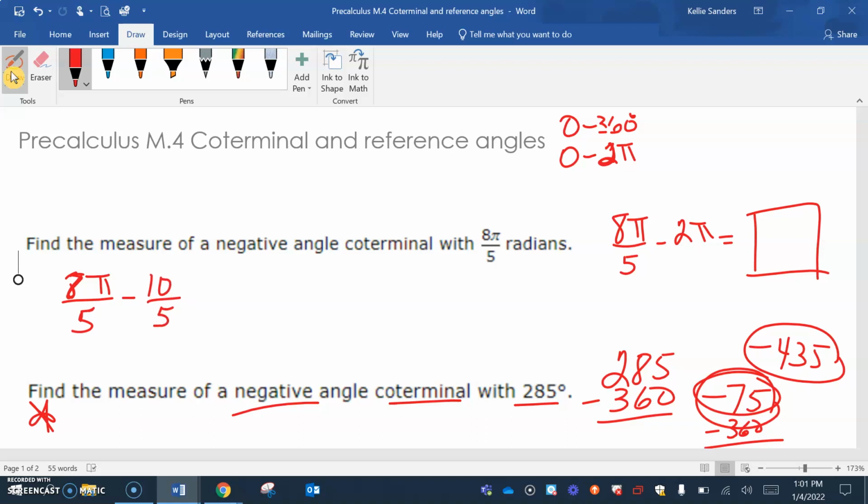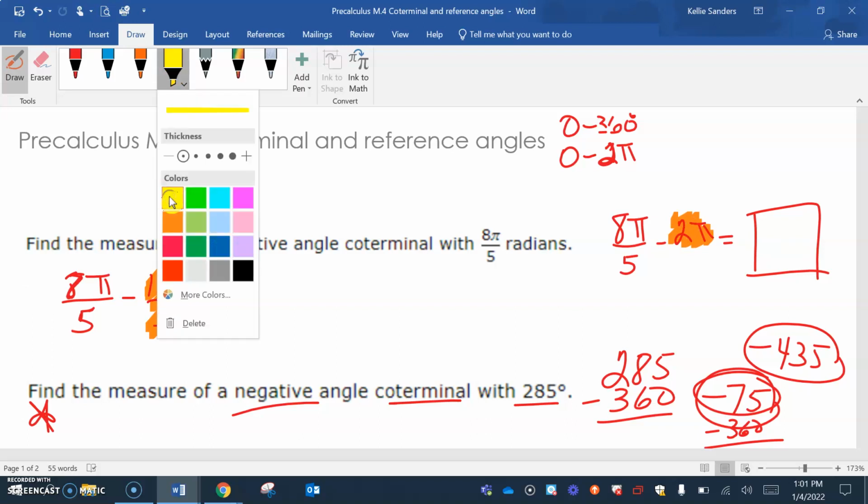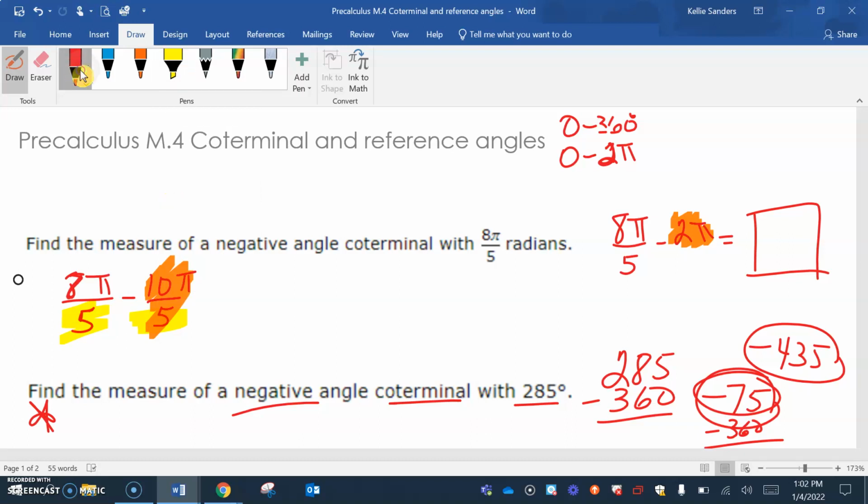Well, yes, because I just doubled the bottom number, the denominator, and put it in the numerator. 10 over 5 pi is the same thing as 2 pi. The reason I did that is to get common denominators, and so these are like terms. So 8 minus 10 is negative 2 pi over 5. Or if you put it in the calculator earlier, negative 2 pi over 5. Do not forget the pi.